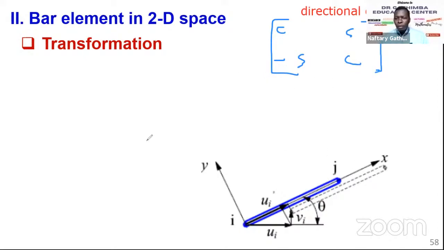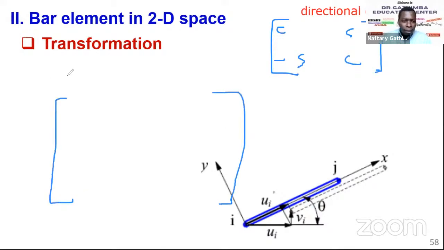Now with this single node, we want to see the overall transformation. This one will be the same even for node J: UI, UJ, the transformation matrix is the same. To get the overall transformation matrix for one element, we have something like this. This is UI, VI, UJ, VJ.